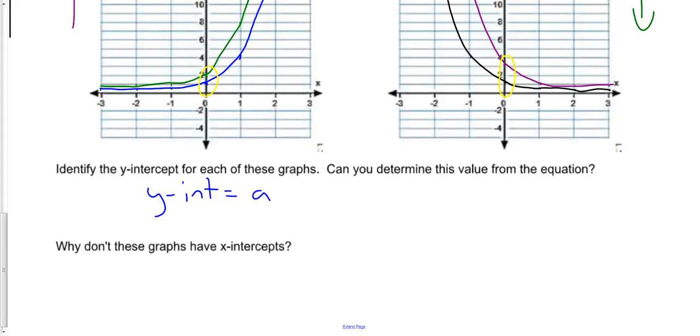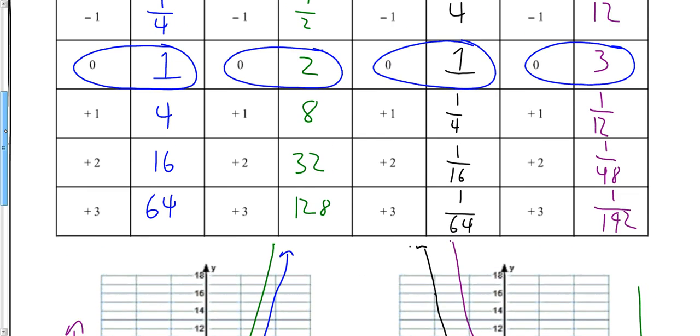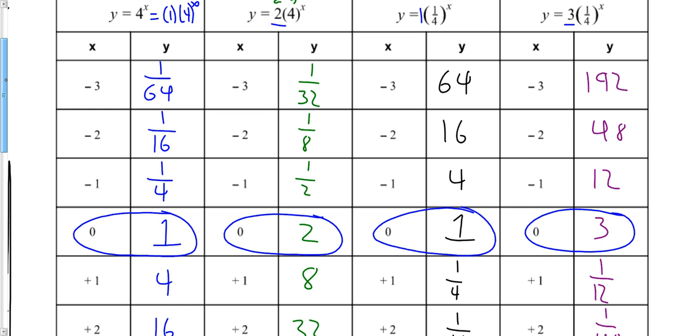So the next question here that we want to try and ask is, why don't any of these graphs happen to have an x-intercept? And the reason they don't is because every time that you go through and you raise up the power, it never actually gets to 0.